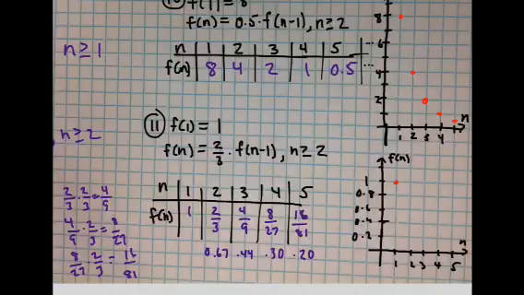For 2, it's 2/3 or 0.67, so it's about 0.7, so it's going to be somewhere around here. And then for 3, it's 0.44, so it's going to be about here. For 4, it's going to be 0.3, about here. And for 5, it's going to be 0.2, about here. Okay? So you could see the exponential decrease.